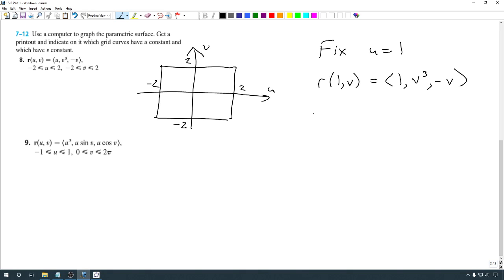And I can plot that as a curve because we have a single variable put in here. We have a single v that is our parameter for a curve. We don't have any other variables involved here. This is just a curve, and we still have the v going from -2 to 2.